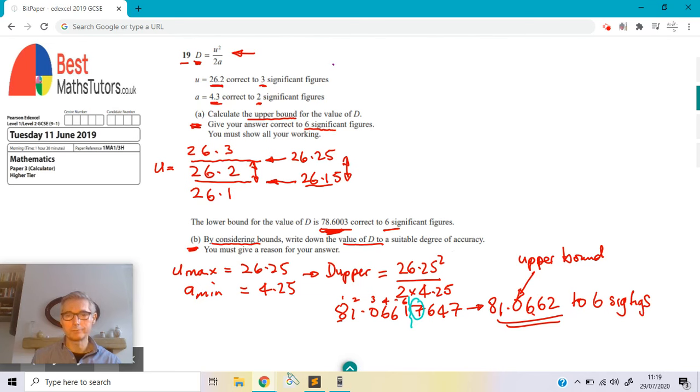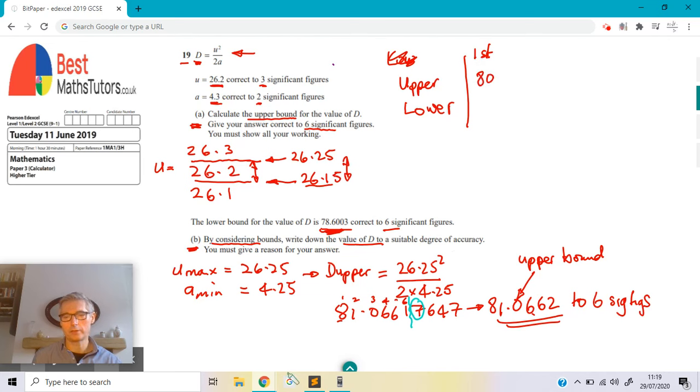So if we look at both of them, we've got the lower bound, I'll do it the other way around, so I've got the upper one on top, the upper and the lower. So if we were to write them to 1 significant figure, then we could see that the upper bound to 1 significant figure is actually 80.